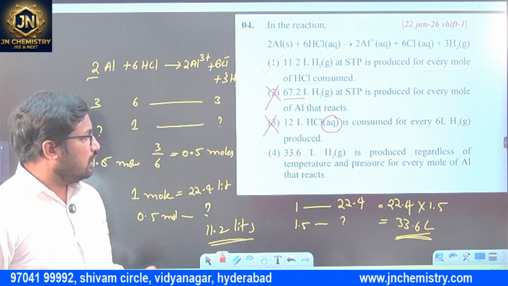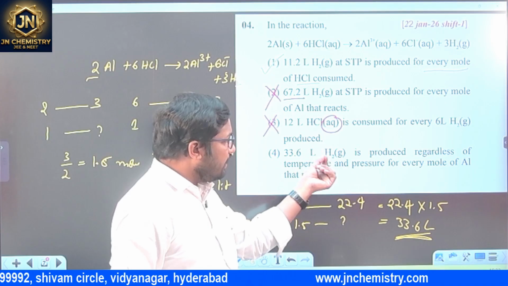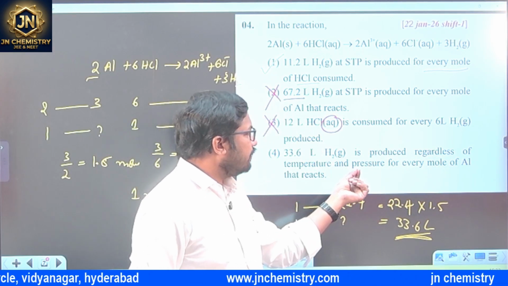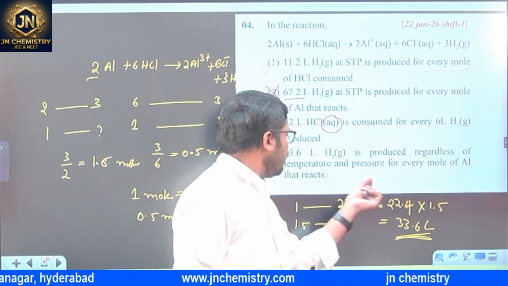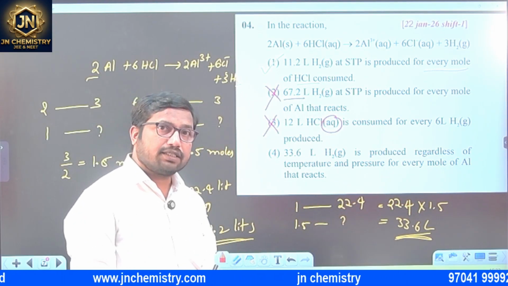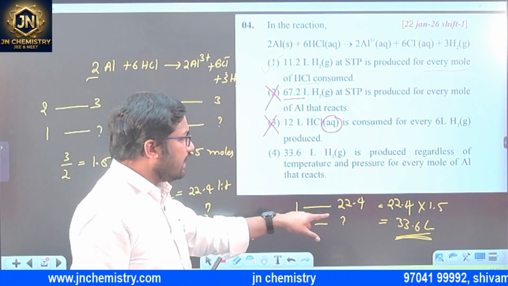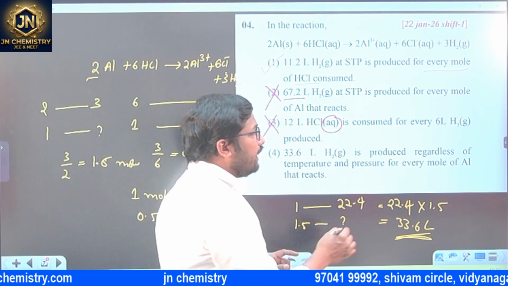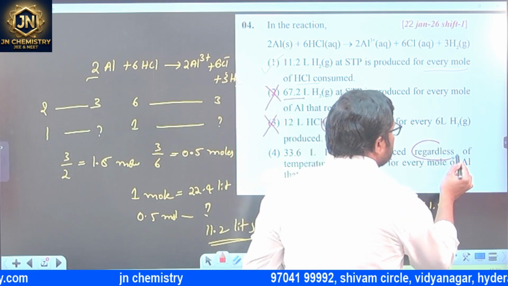And the fourth one: 33.6 liters of hydrogen gas is produced regardless of temperature and pressure for every mole of aluminum that reacts. So every mole of aluminum reacts at STP conditions. We already calculated 33.6, it's correct. But here we need to understand 'regardless'.